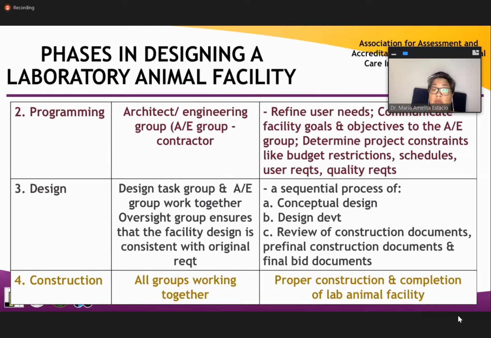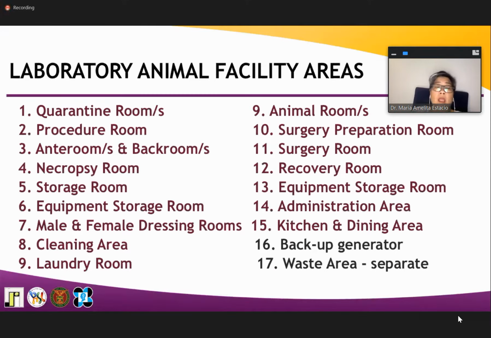So of course, this would be a collaboration of the four groups to ensure that all the design and the specifics of the lab animal facility would be appropriate for its operation, and of course, the research activities of the end users. Now, depending on your research activities, there are different areas in a laboratory animal facility.